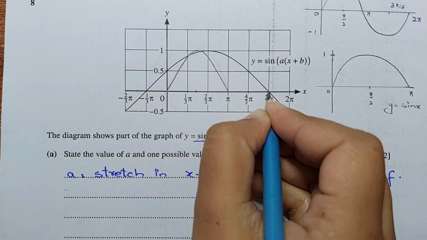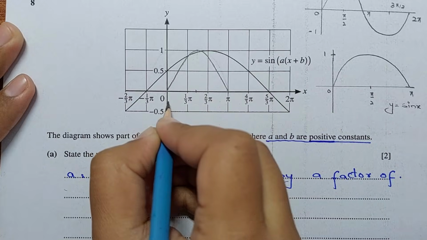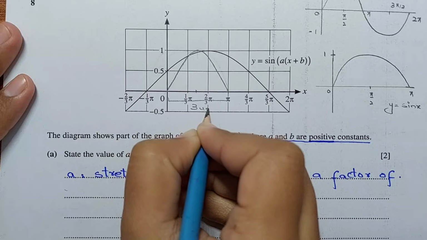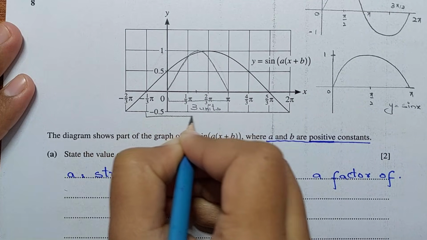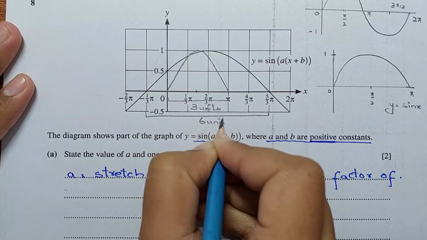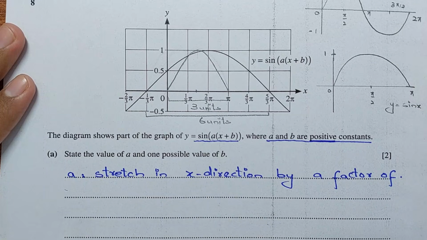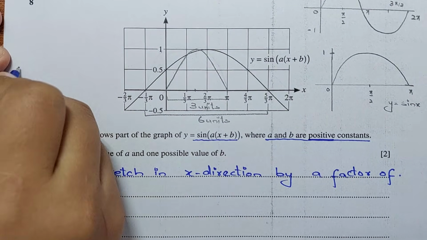And from this point to this point, we have 1, 2, 3, 4, 5, and 6 units, right? So this distance is 3 units, right? And this distance is 6 units. So what does it mean? It means 3 multiplied by 2 gives you 6. 3 times 2 makes 6. It means every x coordinate is multiplied by 2, right?